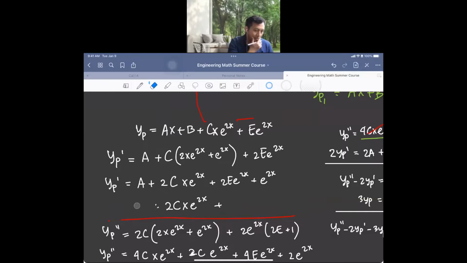Let me erase this. It should be C e to the x.